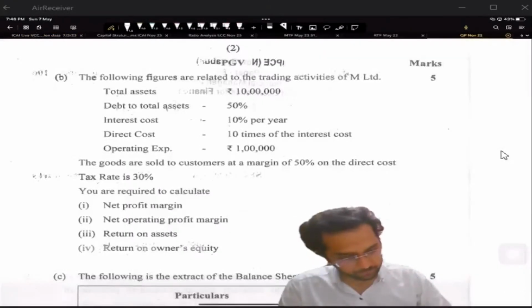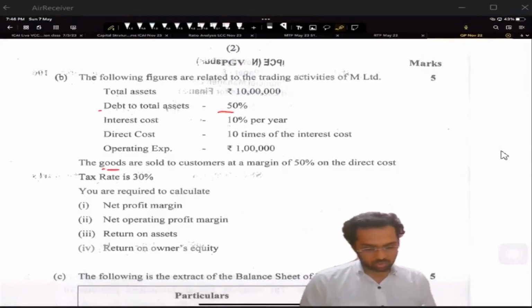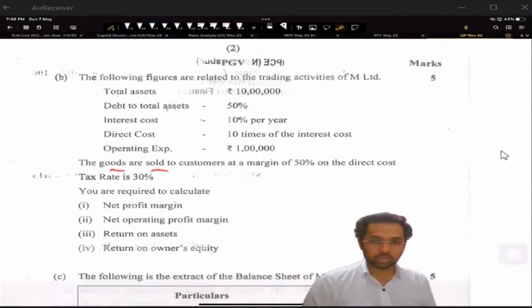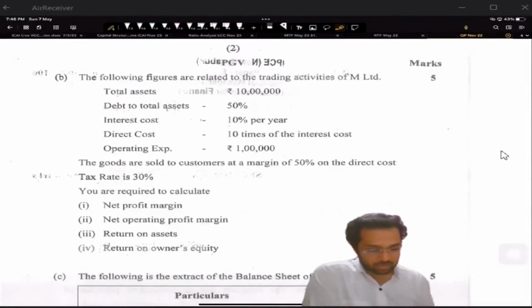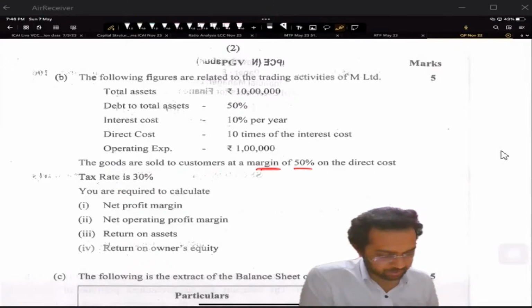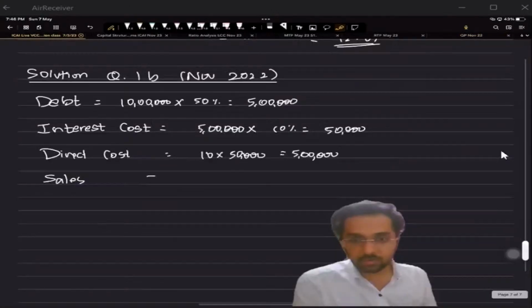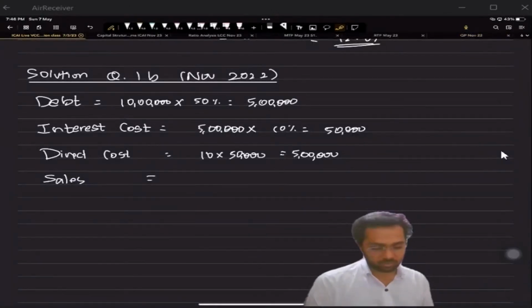For the sales figure, goods are sold to customers at a margin of 50% on the direct cost.